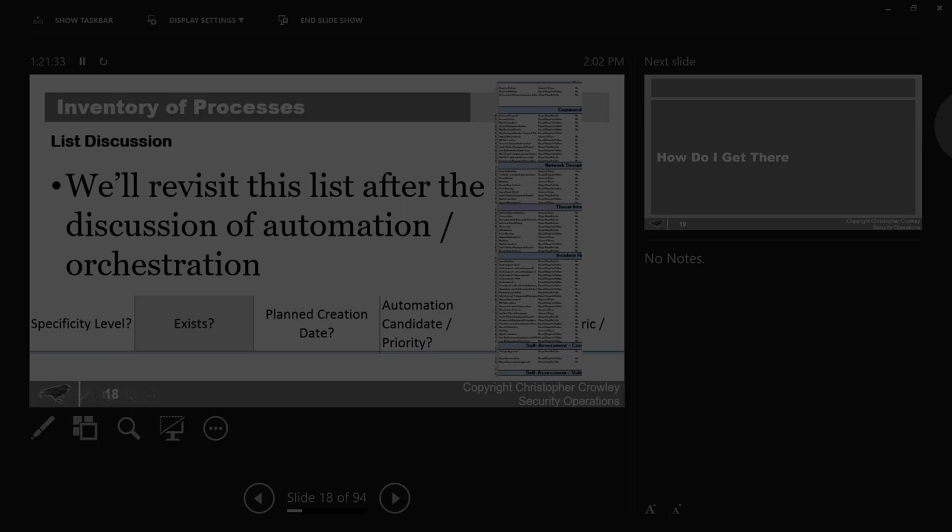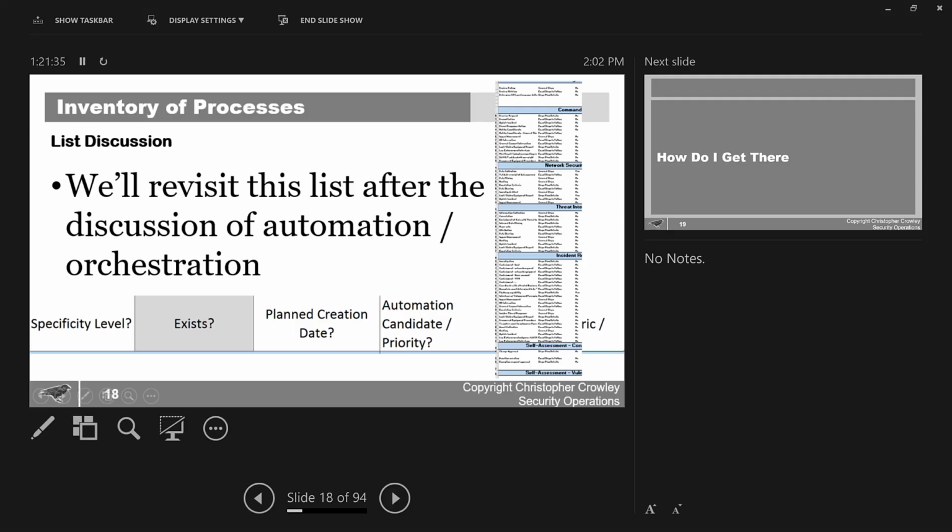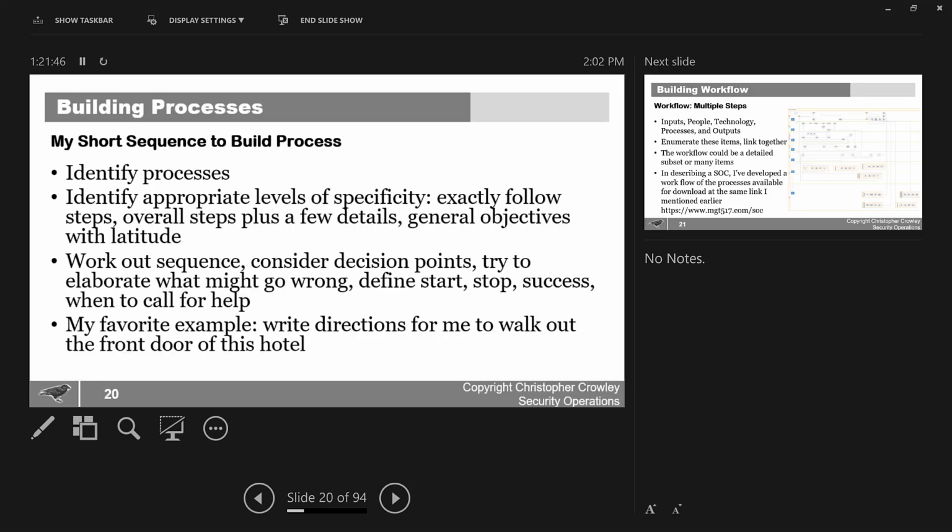Right? So this specificity level is my direction to the analyst saying, hey, if I tell you exact steps to follow, I really mean exact steps to follow. Okay? But if I tell you general steps or steps plus details or whatever, I expect you to be an intelligent operator and figure out what actually needs to be done in order to get you from here to there.